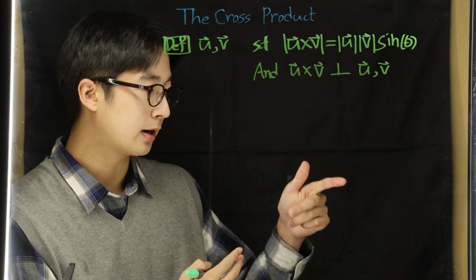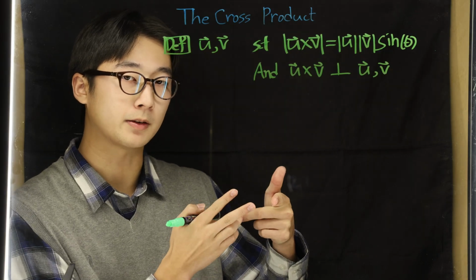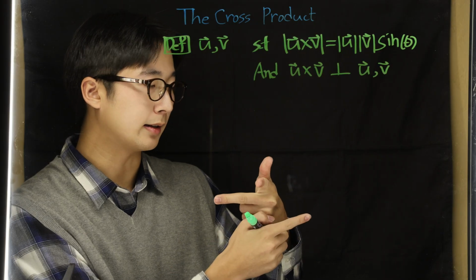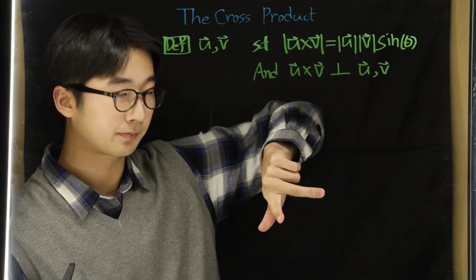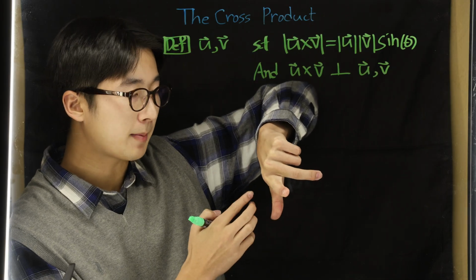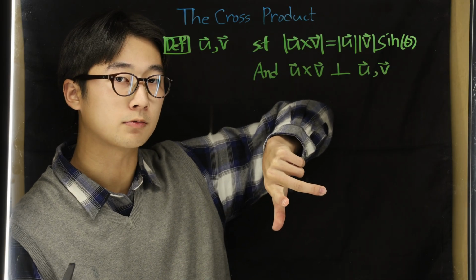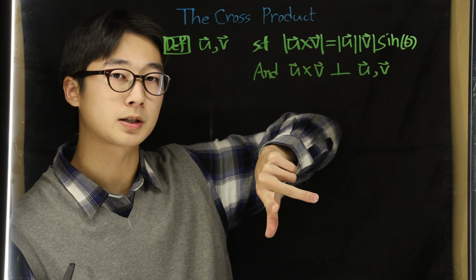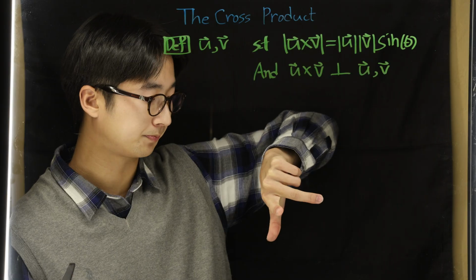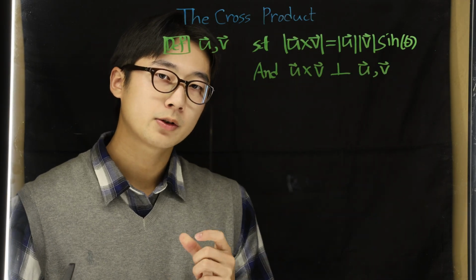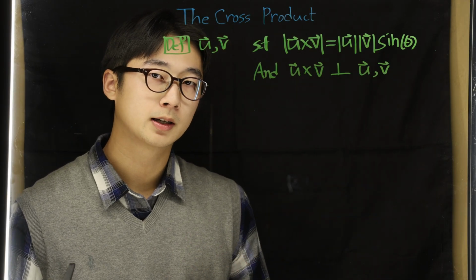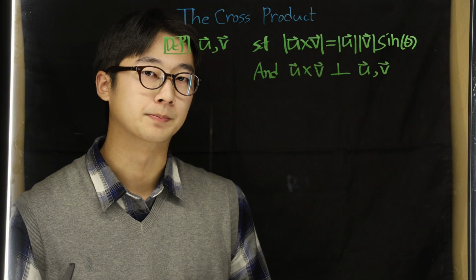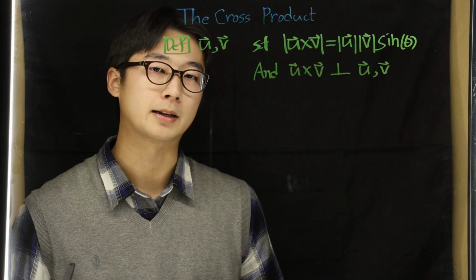Now the pointer finger goes toward v, and my middle finger points toward the vector u, like this. Then, as you can see, my thumb points downward, toward the ground. That's the direction of the new cross product vector, v cross u. So if you switch the order of the cross product, it gives the same magnitude for the new vector, but the opposite direction. You need to keep that in mind.